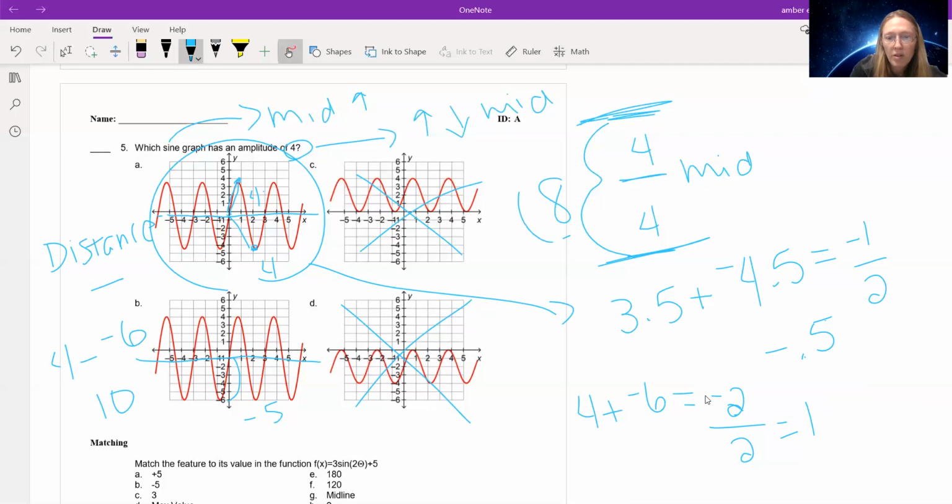Remember, we're looking for a difference of 8. Up here, if I do 3.5 minus -4.5, minus a negative turns into a plus, that gives me 8. Woo! That's what we want right there. So that's why my answer is letter A.